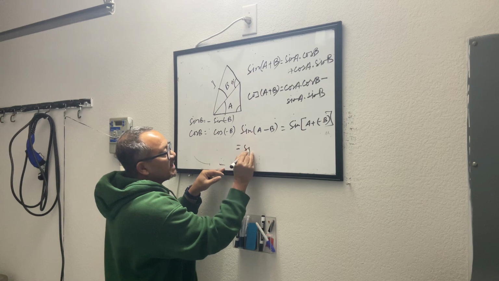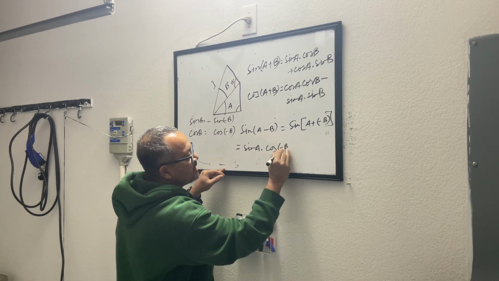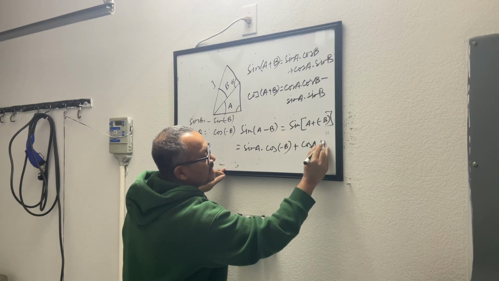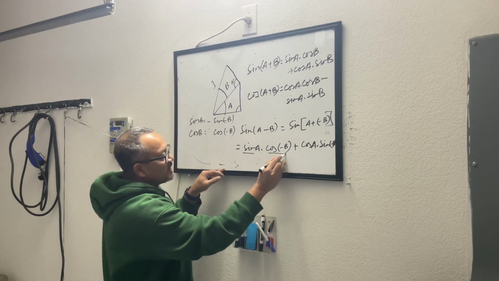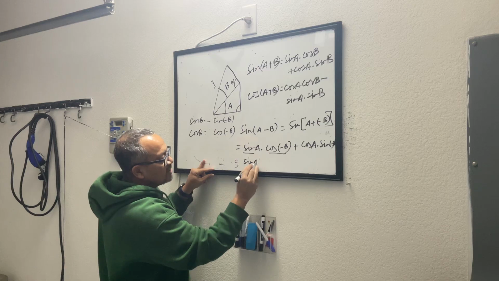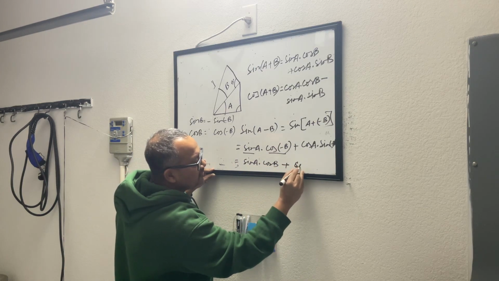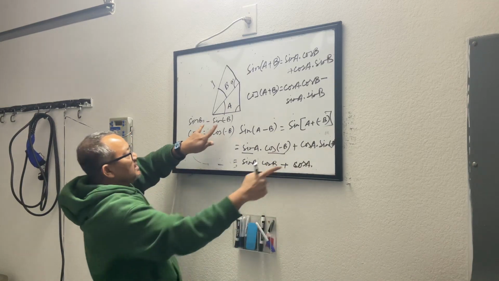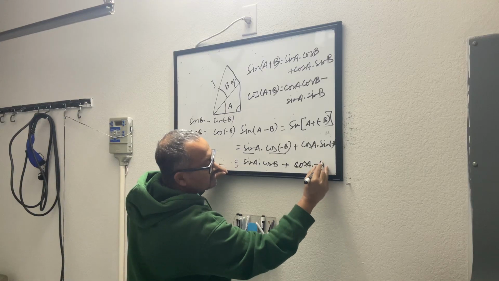It becomes sine of A times cos of minus B plus cos of A times sine of minus B. Cos of minus B and cos of B are the same, so I'll simply replace them. Sine of A times cos of B plus cos of A times sine of minus B, which is negative of sine of B. So I'll say minus sine of B.